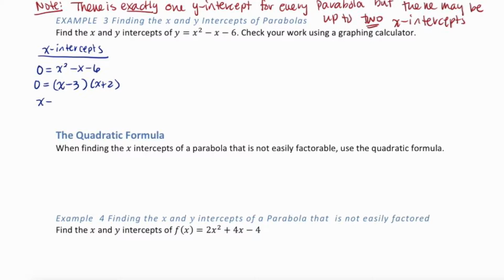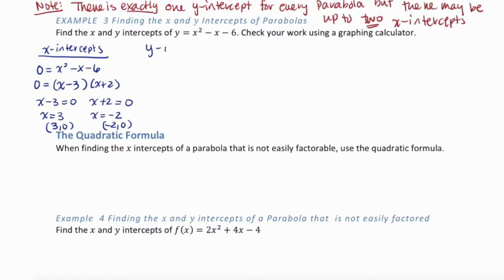So x minus 3 equals 0, x plus 2 equals 0. So we have x equals 3, x equals negative 2. The x-intercept associated with this solution is 3, 0, and the x-intercept associated with this solution is negative 2, 0.